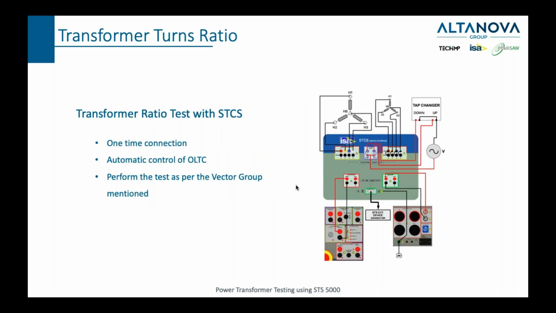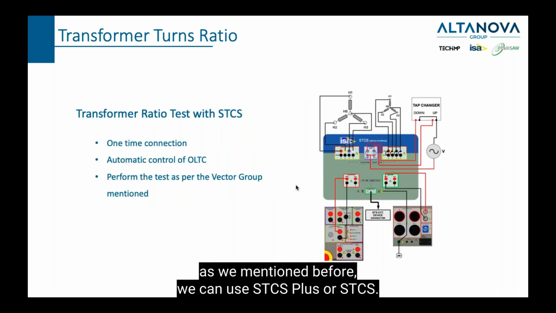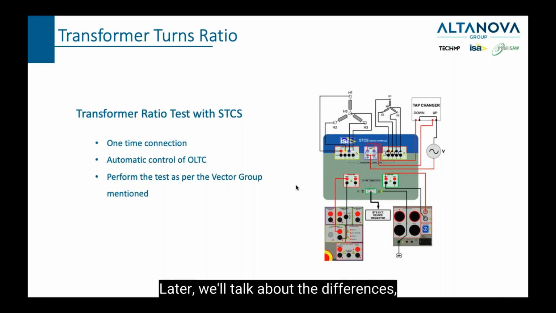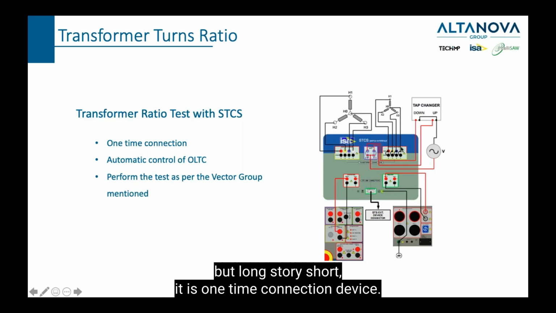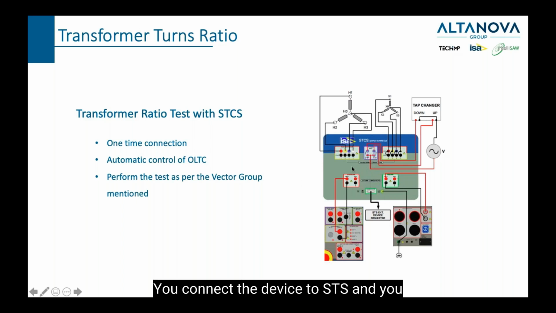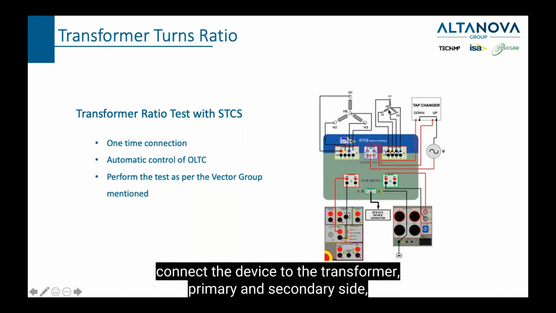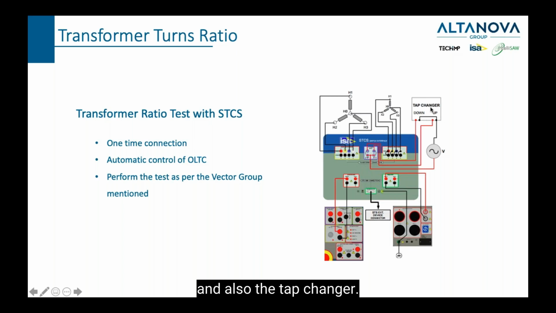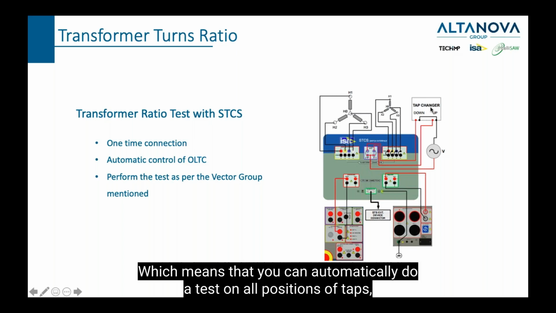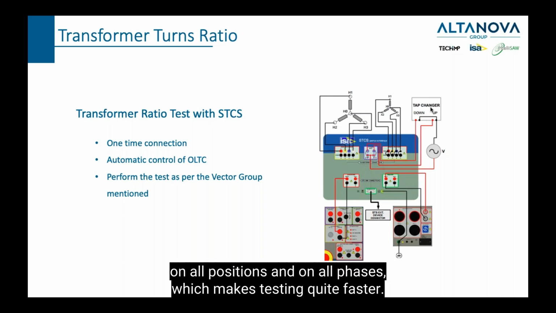And if we want to do it quicker, as we mentioned before, we can use STCS Plus or STCS. Later we'll talk about the differences, but long story short, it is a one-time connection device. You connect the device to STS and you connect the device to the transformer, primary and secondary side, and also the tap changer, which means that you can automatically do a test on all tap positions and on all phases, which makes testing quite faster.